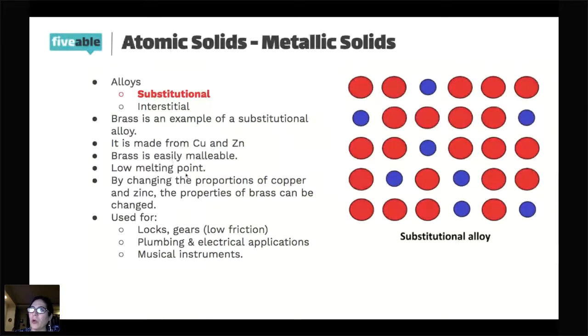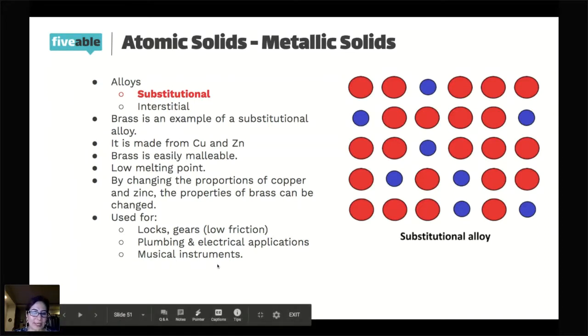It has a low melting point, and by changing the proportion, we can change the properties. So this kind of combination is used where we need low friction, for example, in locks and gears, plumbing or electrical applications, or for musical instruments.